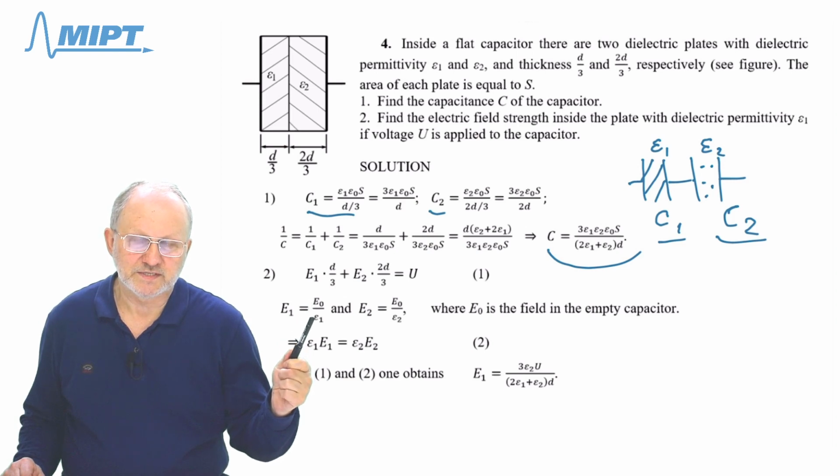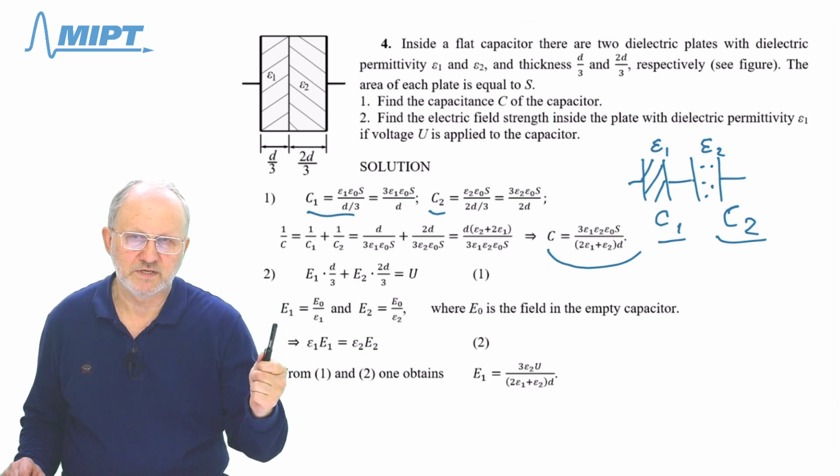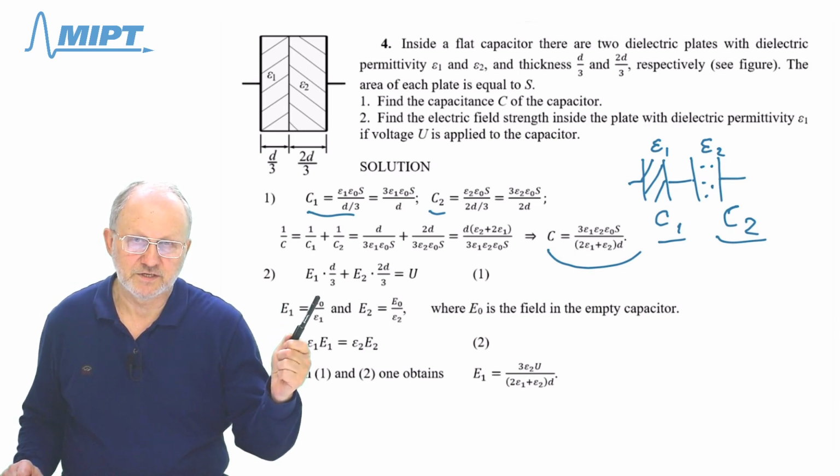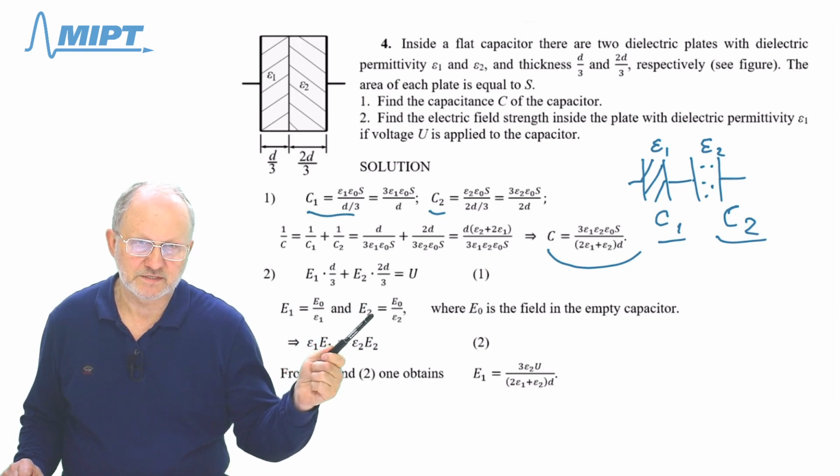And if the capacitor is filled with some dielectric medium with permittivity epsilon 1, then the resulting field strength inside the dielectric medium will be less than the original field in vacuum. And the same is true for the second capacitor.